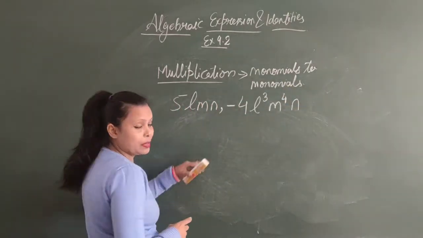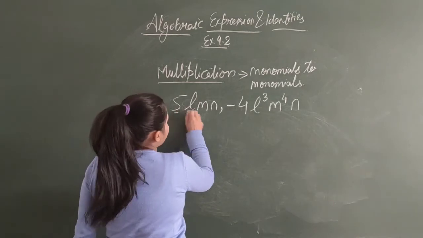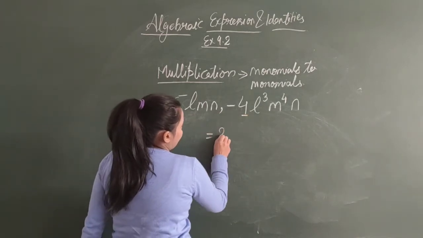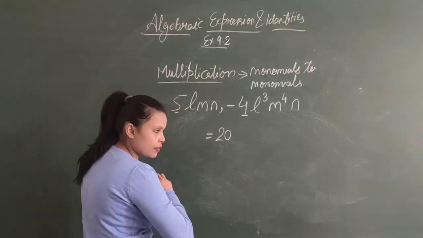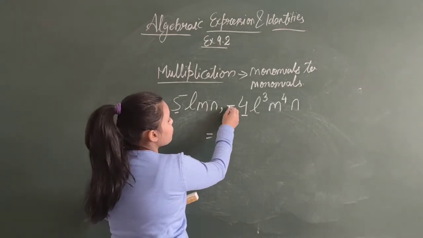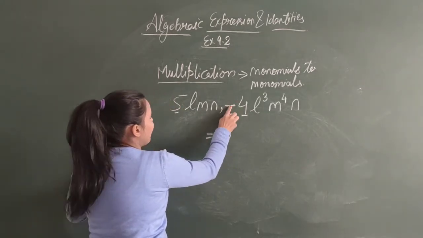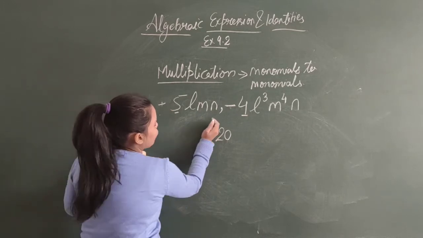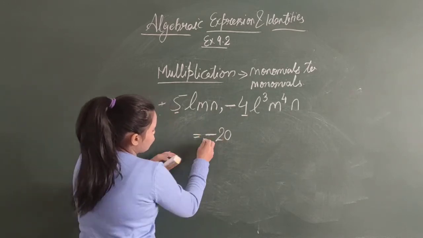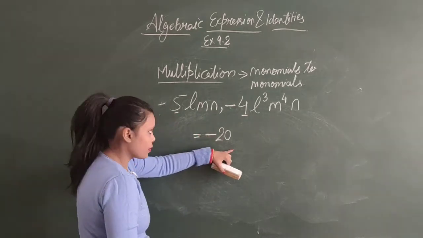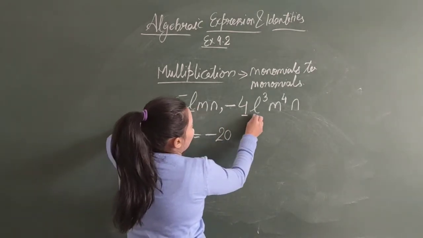Alright, now we have to multiply these terms. So 5 multiply 4, 20, right? And here the minus sign is given. So minus multiply plus, it will give you minus. So minus 20, and l and l cube.